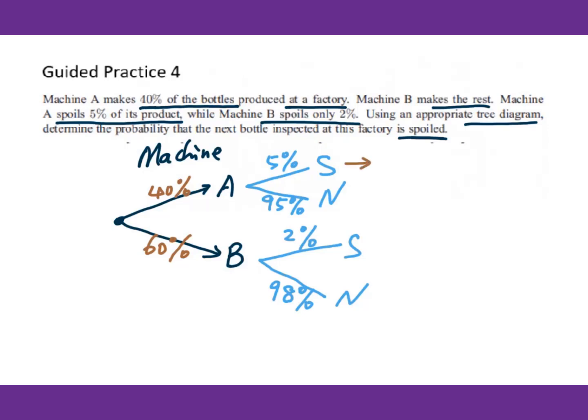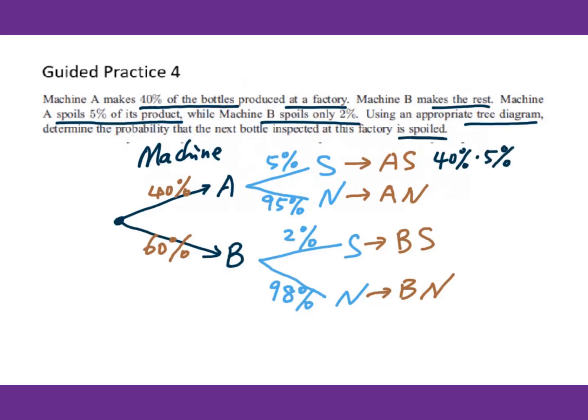Therefore, for this line, you will get machine A spoiled, machine A not spoiled. This one is machine B spoiled. This one is machine B not spoiled. So you have 40% times 5%.